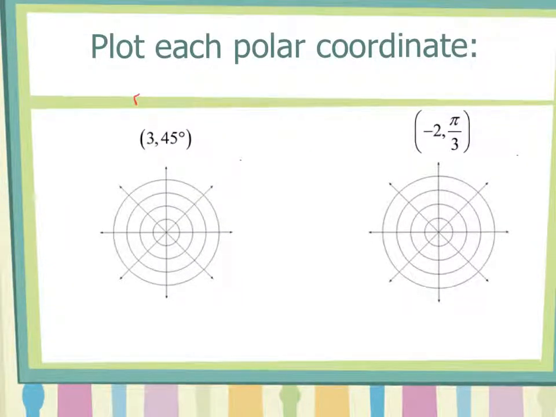That's going to be r. And the angle it forms with the initial side looks to be right here. That looks to be 45 degrees. So I go out 1, 2, 3 units, and I could mark on there that r is 3. And this angle right here with the initial side is 45 degrees.